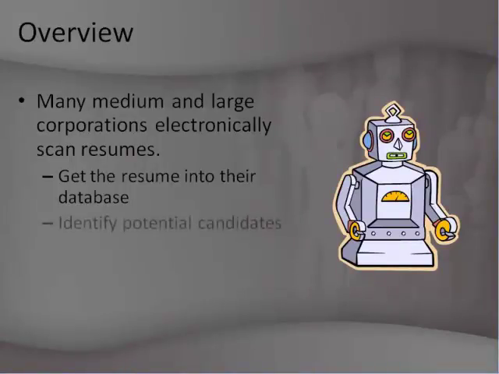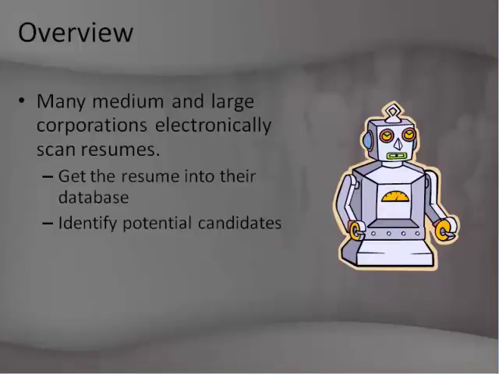The second thing for the electronic scanning is to identify the candidates that could potentially fill their current job openings. And that's usually done by programming scanner software to pick up on resumes that contain specific keywords. Now, the main thing that concerns us with this is that every resume that's submitted is going to be pre-scanned before it ever appears in the hands of an actual hiring manager or recruiter.